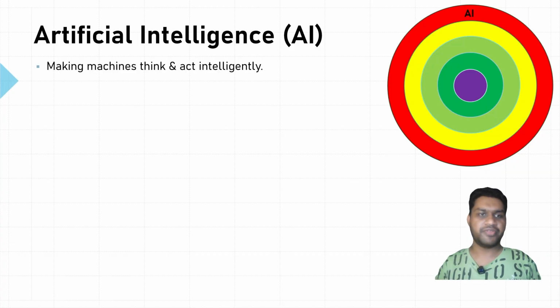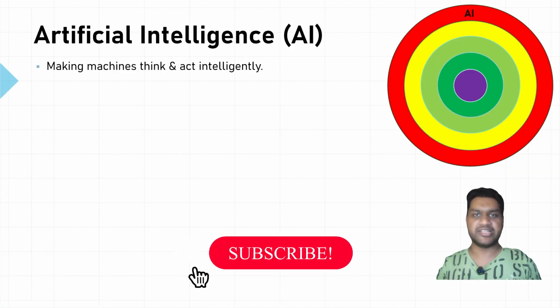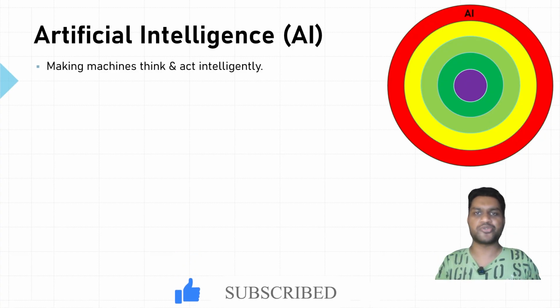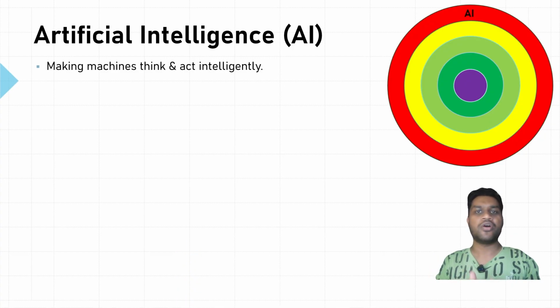So first of all, we get something called artificial intelligence. This is the most common thing which everyone uses nowadays. Everyone at your home, at your workplace, in your friend circle, everywhere, you will see that they are making usage of the term AI. But what is it basically?